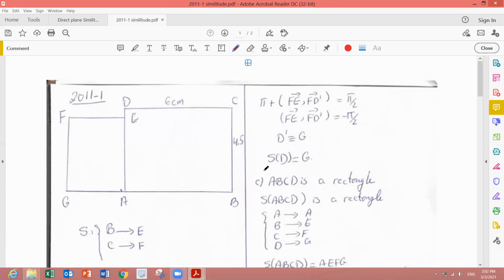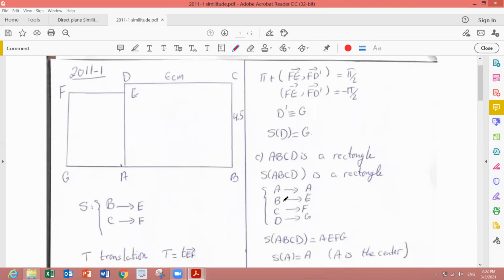B has image E, C has image F, and D has image G. The image of ABCD by S will be a rectangle. What is the rectangle?